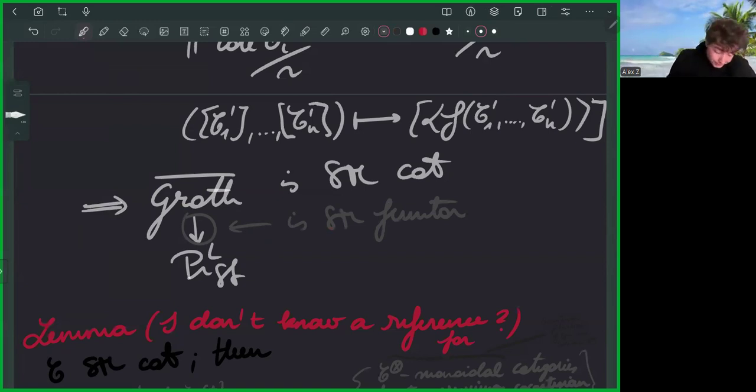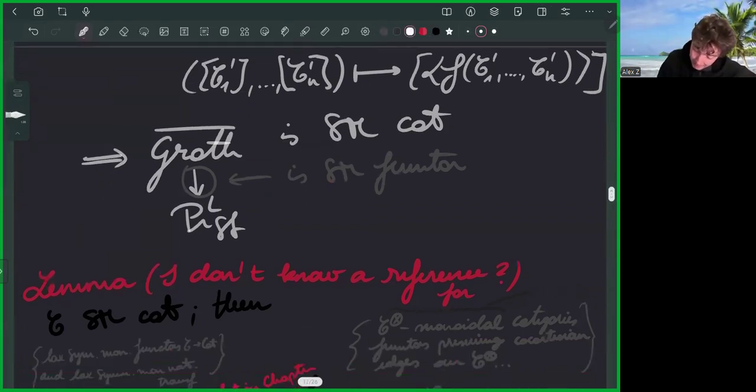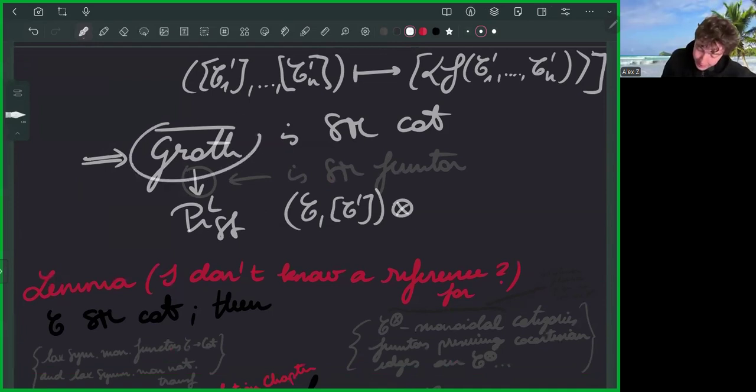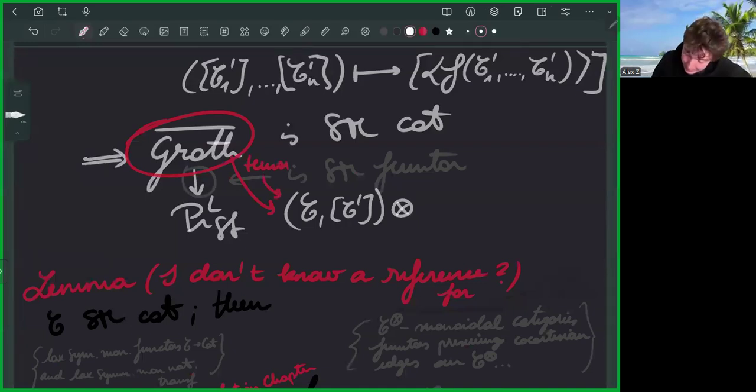Moreover, let me be very explicit with this. If we have C and an equivalence class C prime, let me say what the tensor product in here is. You take C and the equivalence class C prime, you take D and the equivalence class D prime.